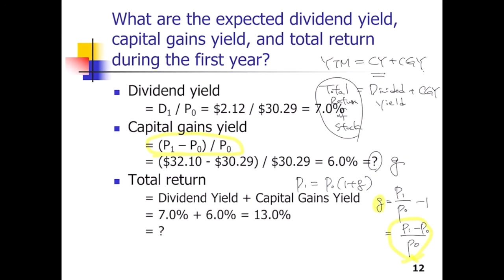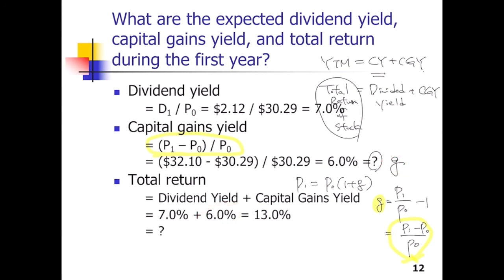So capital gain yield, we can say it is the same as the dividend growth rate. And next, the total return. Total return can be calculated by two components, the dividend yield and capital gain yield. The dividend yield we already calculated here, right? The 7%. And capital gain yield is here, and it is also the same as G, so 6%.